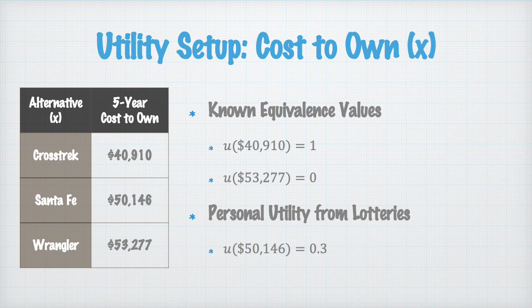We'll start with the cost to own utility setup. In the table on the left, you can see the 3 alternatives: the Crosstrek, the Santa Fe, and the Wrangler, along with the associated 5-year cost to own.